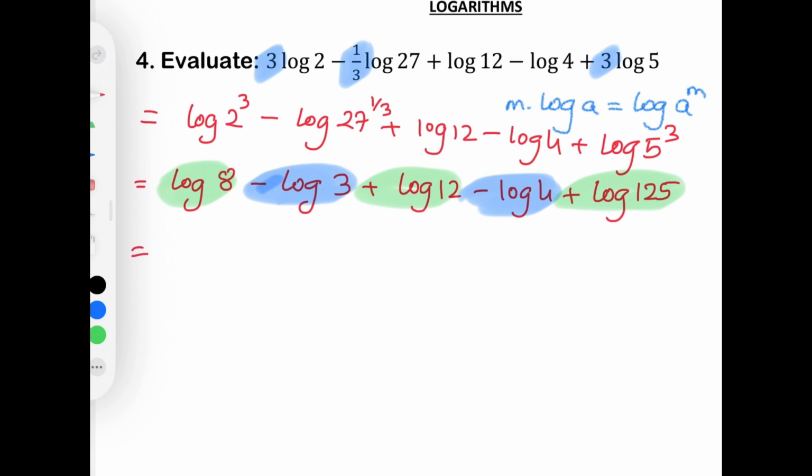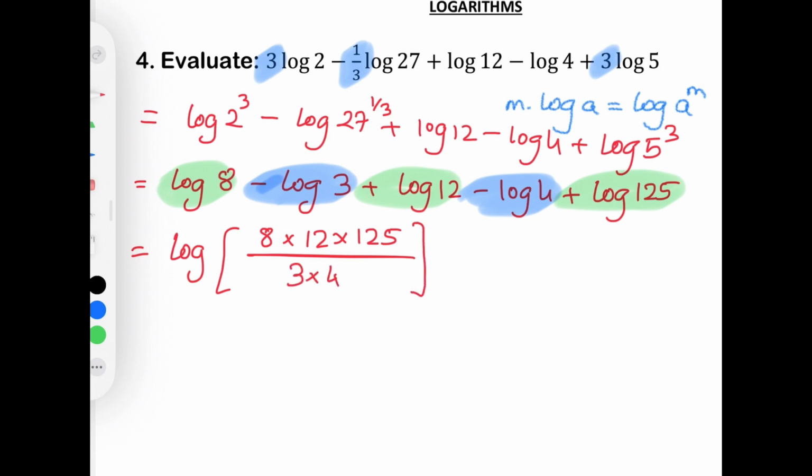So the next step will be a common logarithm with 8 multiplied by 12 multiplied by 125 and divided by 3 multiplied by 4. On simplifying this, we have 3 times 4, which is 12. So 12 and 12 get cancelled. We are left with 8 times 125, which is log 1000.